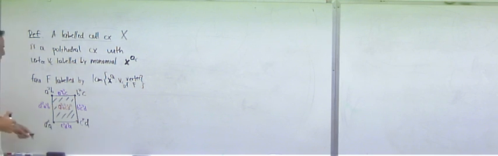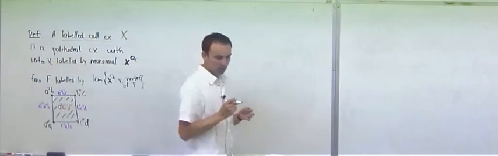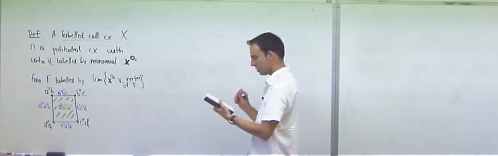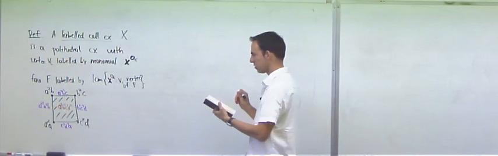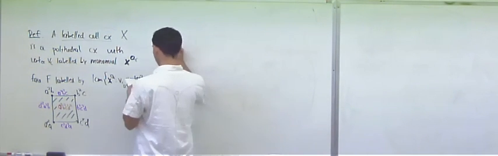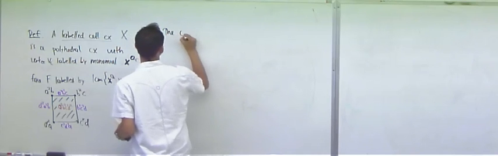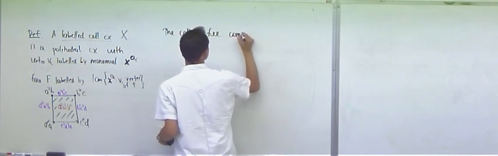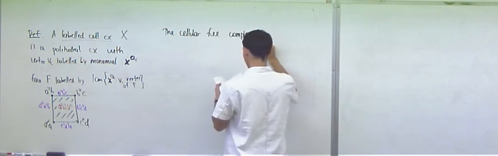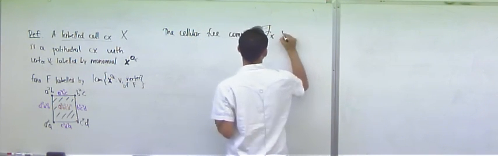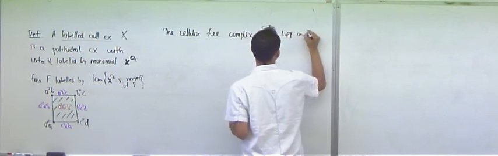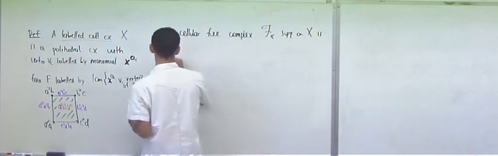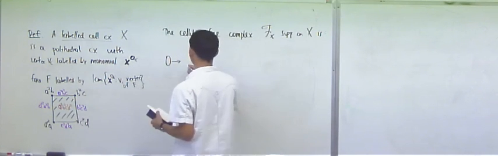So that's a labeled cell complex, and then we said that given that, you get something called the cellular free complex. F supported on X is something that is, I think, clearer by example.